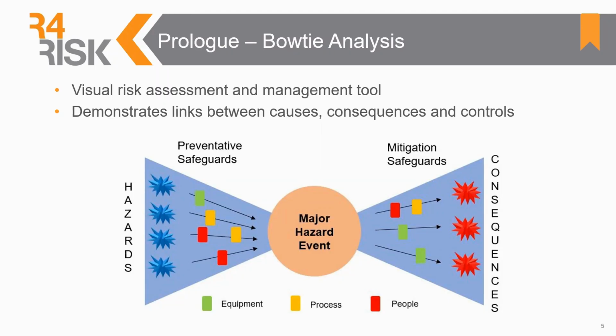So these mitigate the severity of our consequences. If we're looking at something like fatality level consequences, if we've got the right safeguards in place, hopefully we'll just end up with injuries instead. So these diagrams are fantastic for displaying information because they demonstrate the links between all our causes, consequences, and controls.